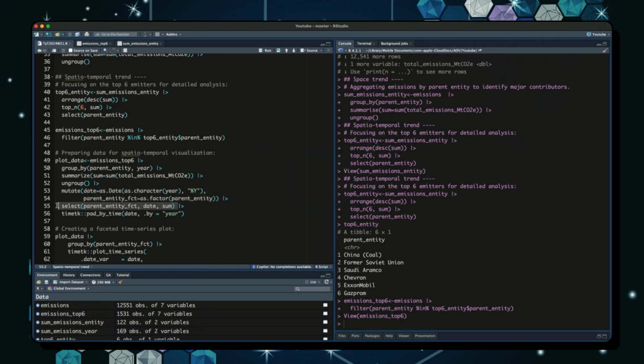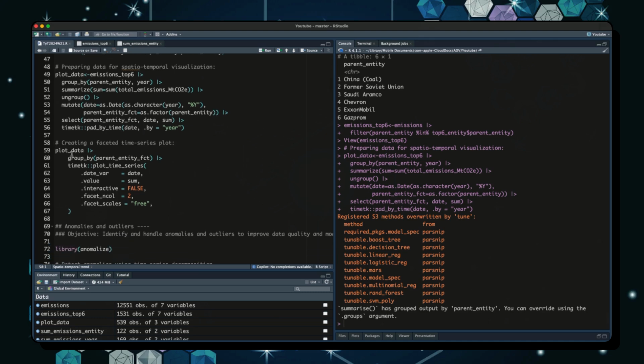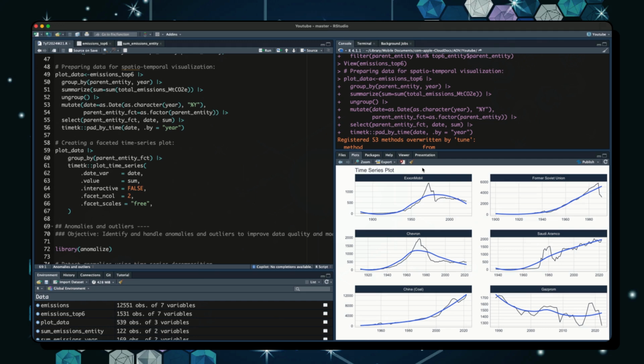Then we select only the variables that we need and pad by time. It's just a little function from timetk that allows us to not have any missing years. So we prepare the data and put it here. You get 6 time series plots, with each graph representing one of our top 6 entities.